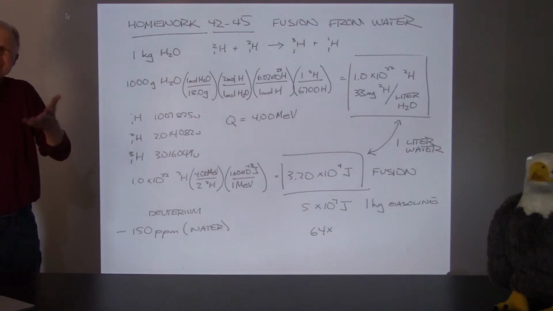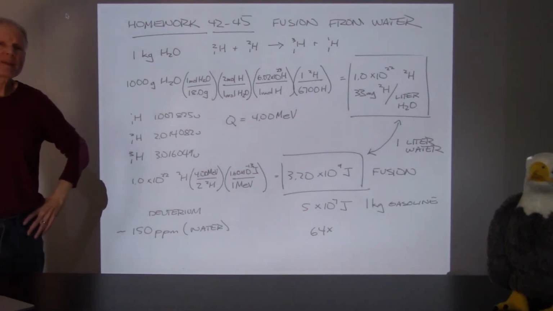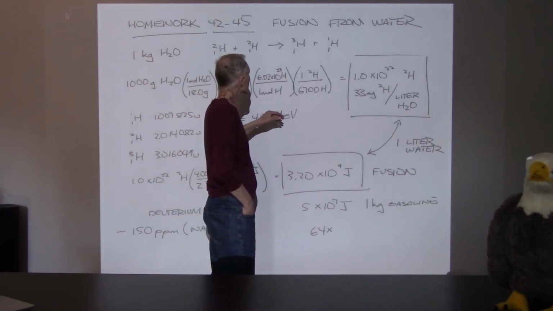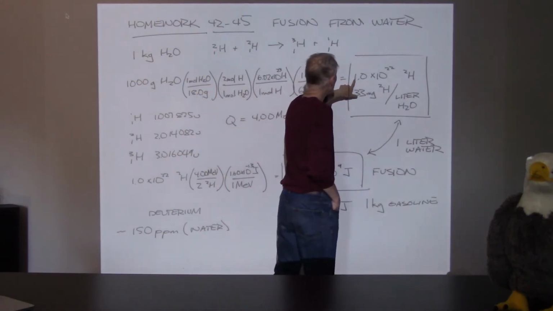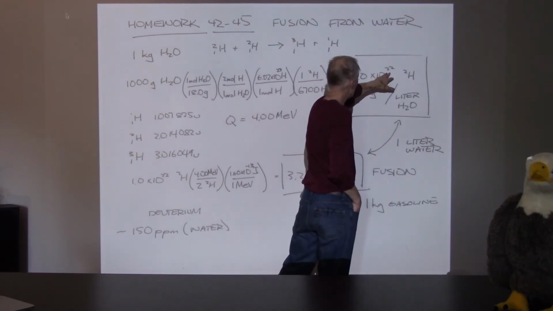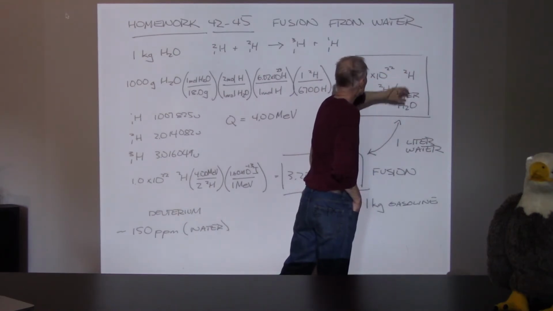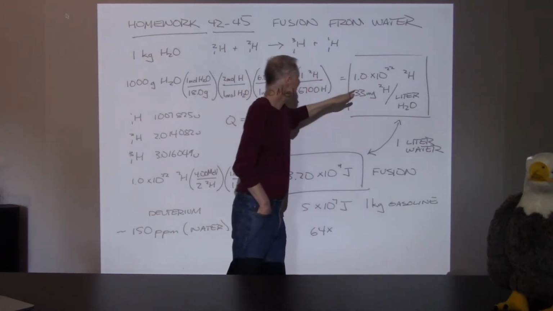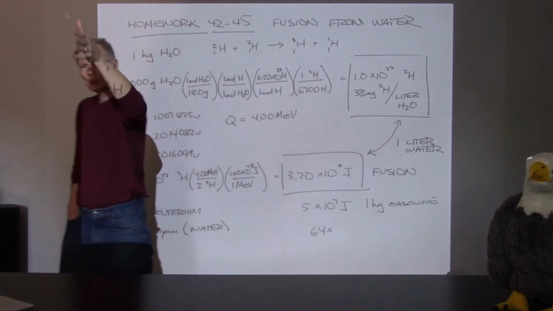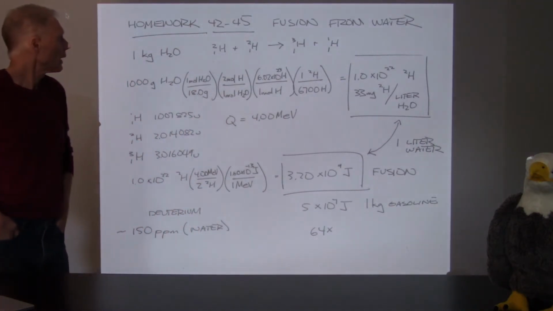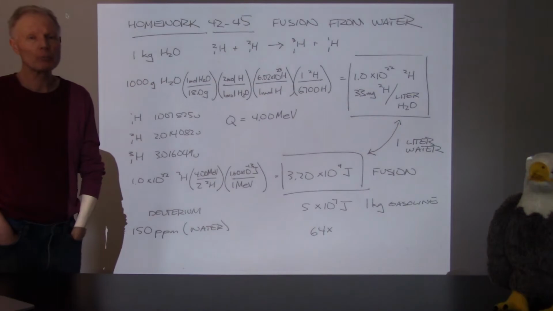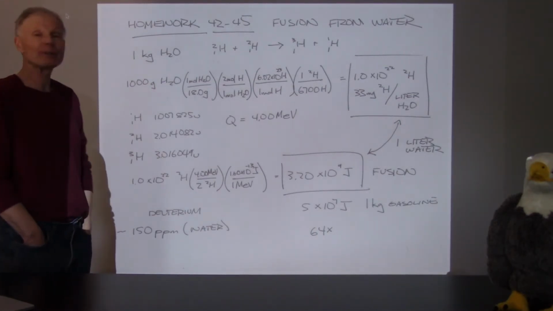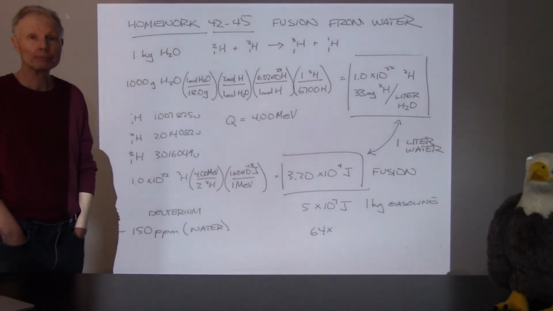I kind of like the 1 out of; for me, that's an easy way to think about things. So what I ended up with was 1.0 times 10 to the 22 deuteriums in a liter of water. And then I did a molar mass on that. I should have shown the details of the calculation; you guys can try that. But I ended up with 33 milligrams of deuterium out of an entire kilogram of water.